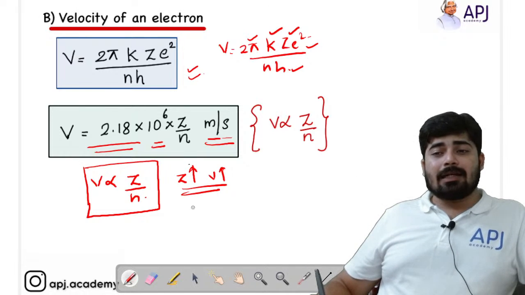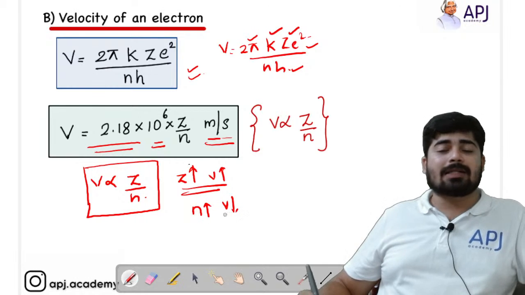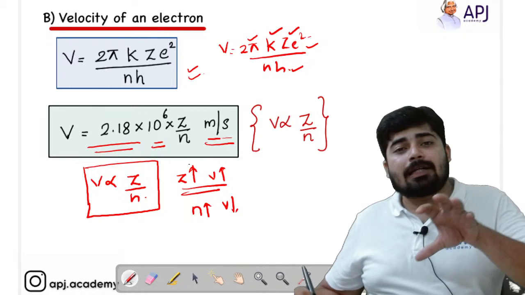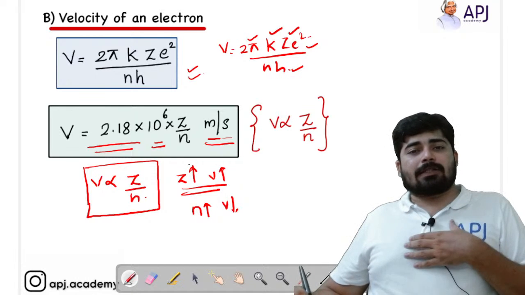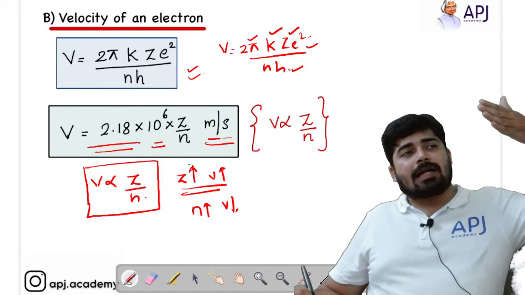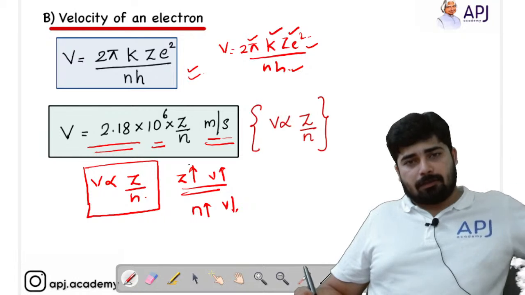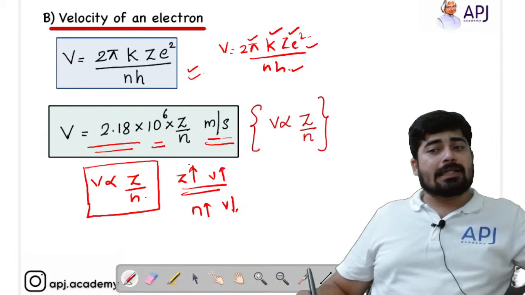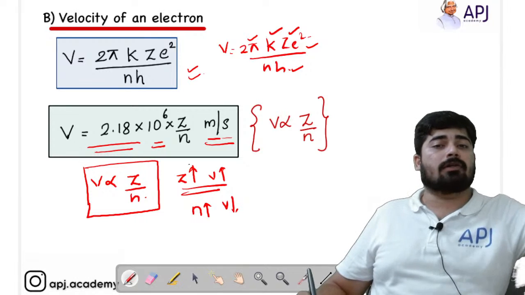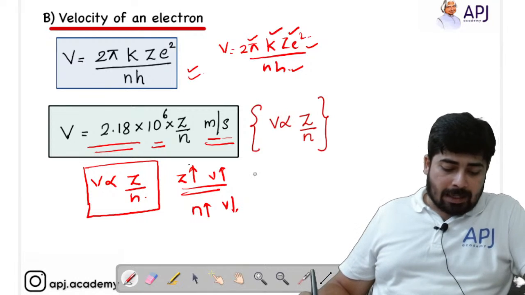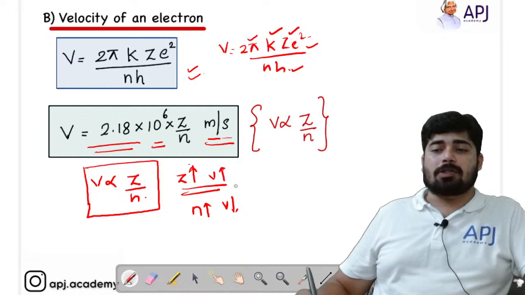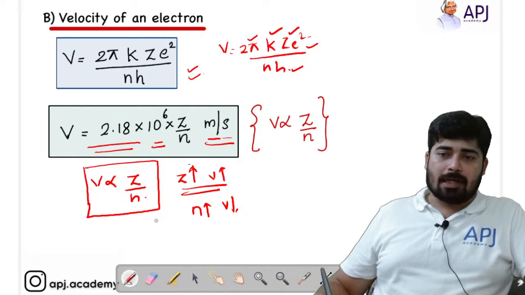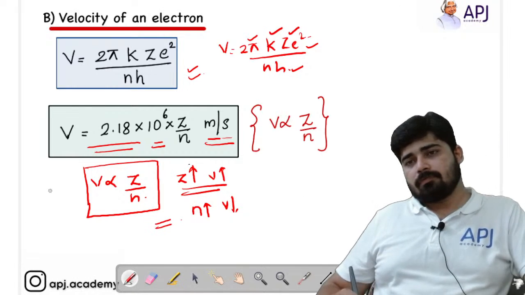And as the n value increases, velocity decreases. N represents the orbit in which the electron is present. As n increases, the electron is moving away from the nucleus, and the attraction between the nucleus and the electron decreases, so the velocity also decreases. This is another important relation.